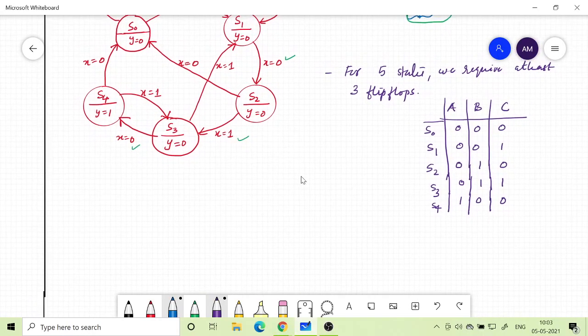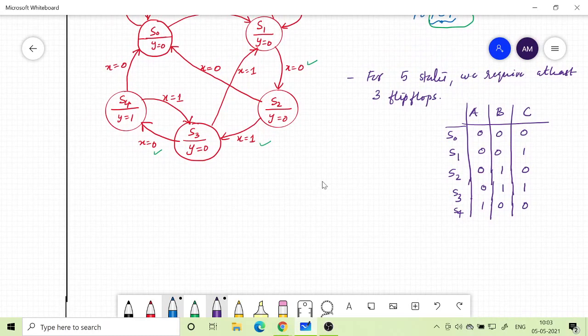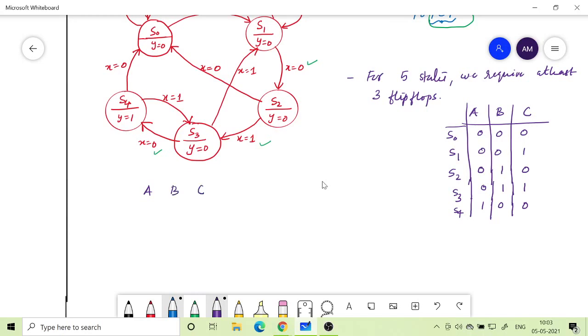So the next thing we need to do is basically to write the state table. Right now, when we write it, let us put A, B, C. These are the outputs of the flip-flops, the present state of the flip-flops, which depends upon the past inputs, and then the X value.